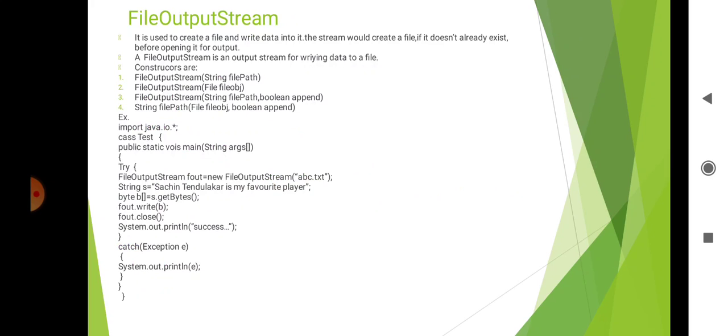A FileOutputStream is an output stream for writing data to a file. The first one is for reading a file, and this one is used for writing files. If you have to write primitive values, then you use the FileOutputStream. Instead, for character-oriented data, prefer the FileWriter, but you can write byte-oriented as well as character-oriented data.